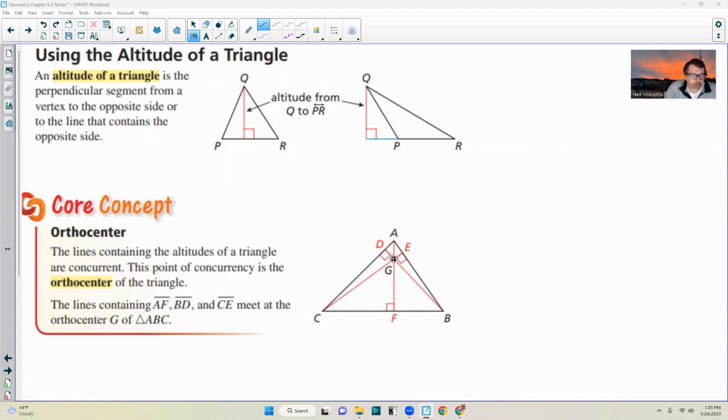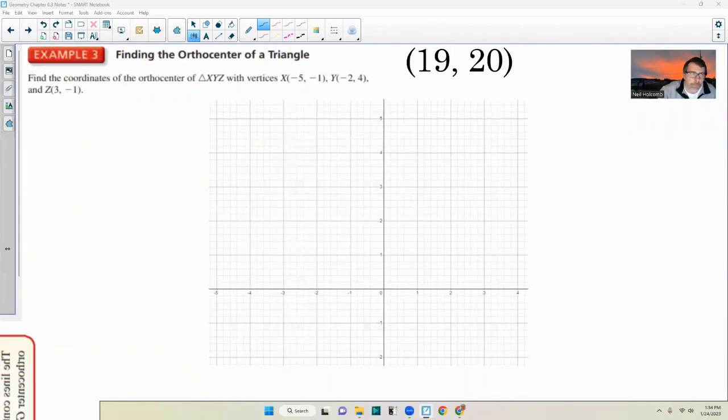Another word for perpendicular is orthogonal, and that's where the word orthocenter comes from. The lines containing AF, BD, and CE meet at the orthocenter point G of triangle ABC. Okay, so there's an altitude and there is orthocenter. So let's take a look at the next example.